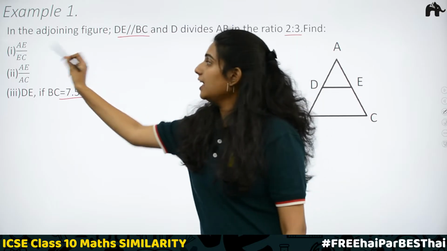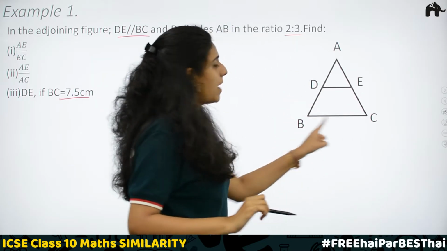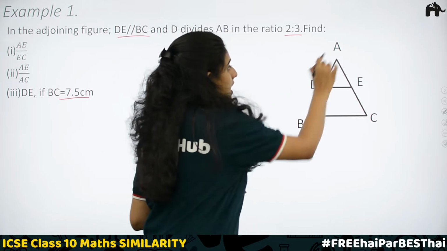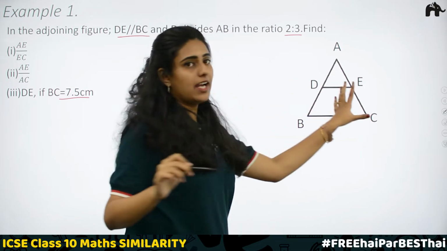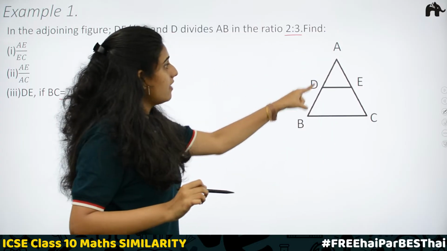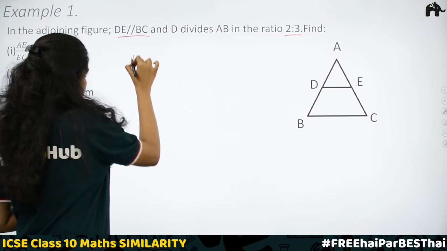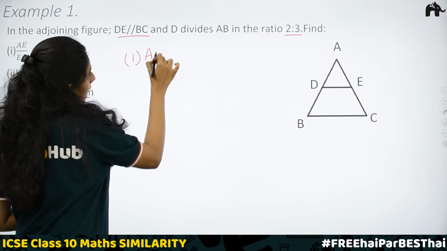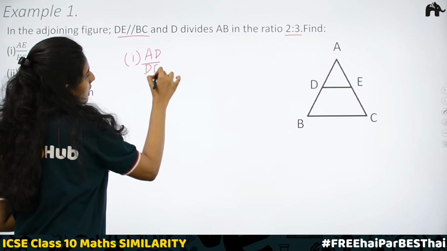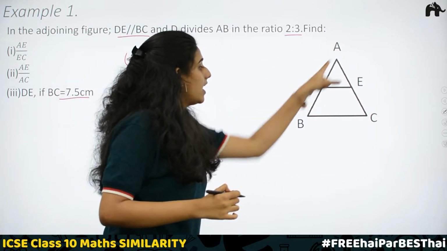First, we need to find AE by EC. Here we have DE, a line drawn parallel to side BC. Then the other two sides will be divided in the same ratio. Here D divides AB in the ratio 2:3, which means AD by DB will be equal to 2 by 3. So this is the ratio in which D divides AB.